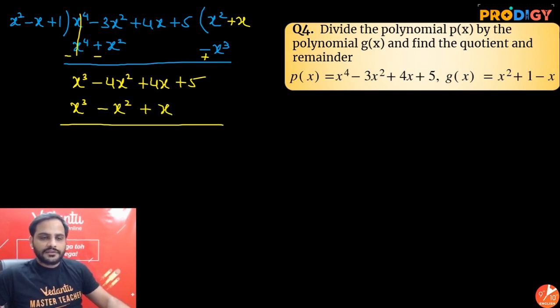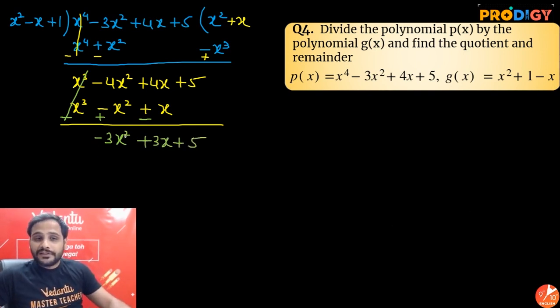Let us do the subtraction now. So I have minus, I have plus, and here also I have minus. This got cancelled. Minus 4x square plus x square is minus 3x square, plus 4x minus x is plus 3x, and here we have plus 5.